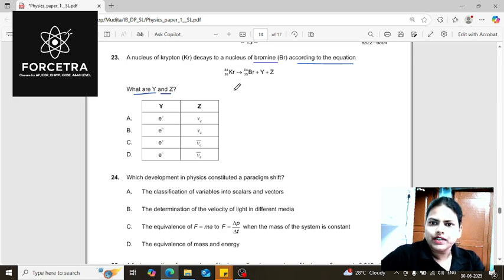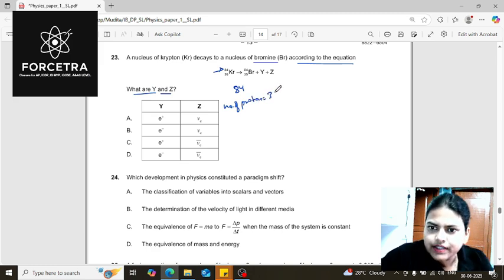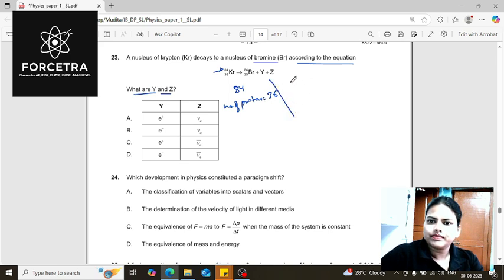So we know that in krypton the atomic mass is 84 and the number of protons is 36, and in bromine, as you can see, the mass is the same but the number of protons is 35.